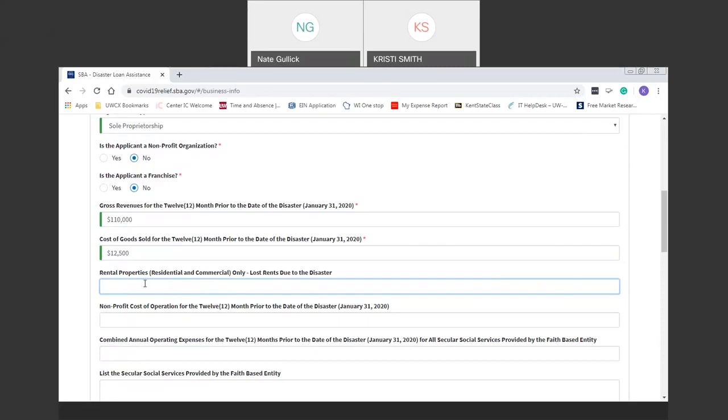Then she would fill in this, how much rent she was not getting paid by her tenants due to the disaster. But in this case, as a hair salon or for many of our other clients, this is not relevant information. So we simply leave it blank. Do not put 0 in there, leave it blank.